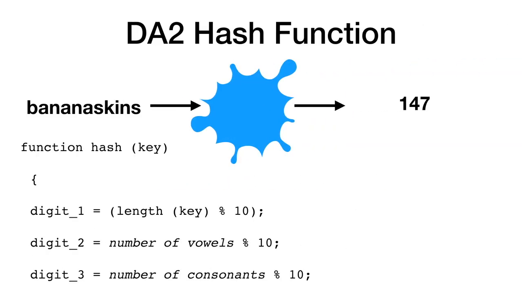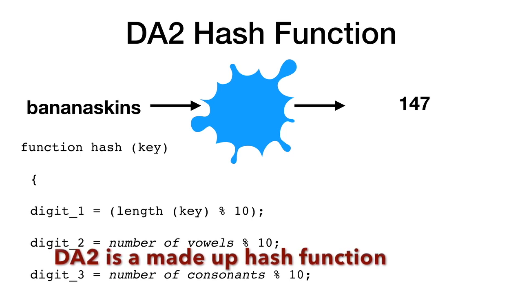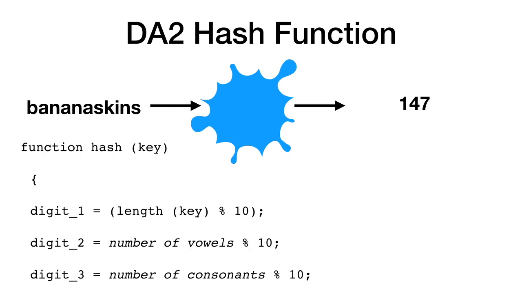Now, hash function DA2 isn't a whole lot better. But I want to show you how we would use a hash function, and I want to use a simple to understand hash function in order to show you how we do that. We can look in a little while at better hash functions. So DA2, what this hash function does is it comprises 3 digits.